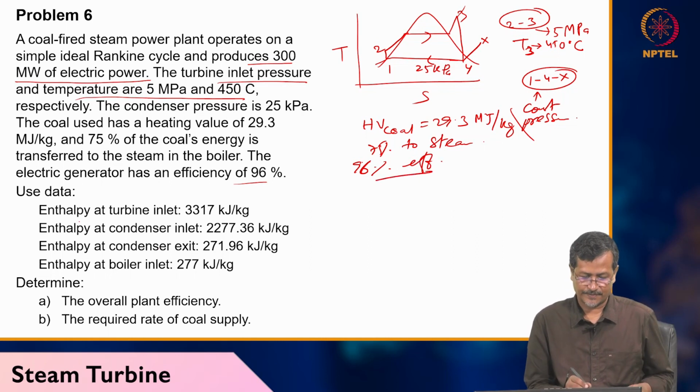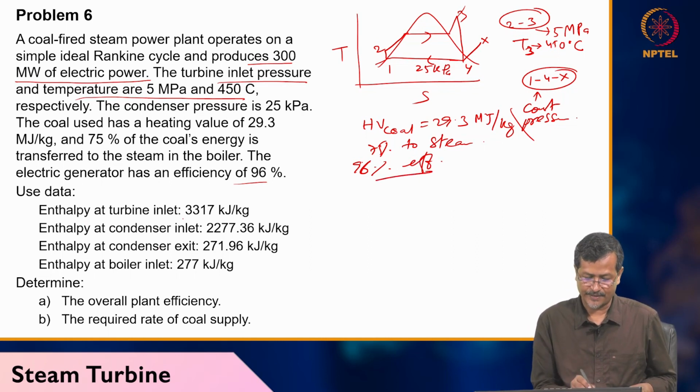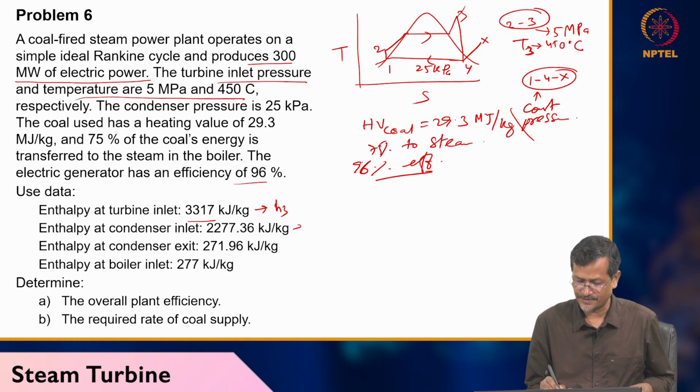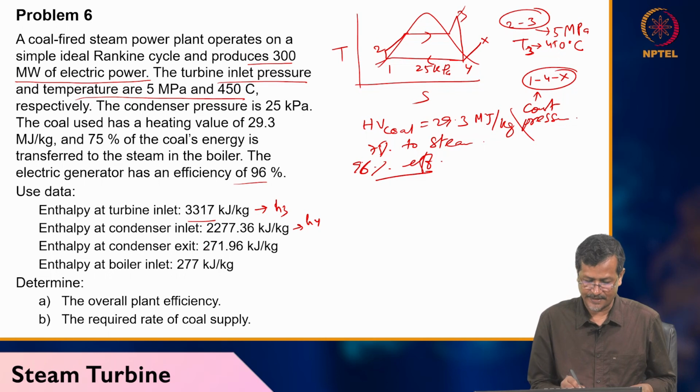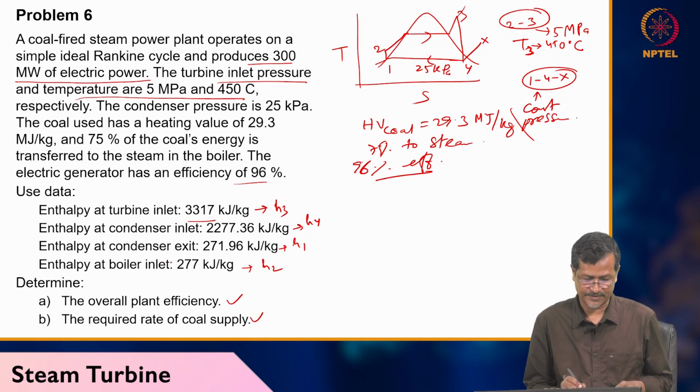Okay, so you have to use the data: enthalpy at turbine inlet, H3 is given; enthalpy at condenser inlet, H4 is given; enthalpy at condenser exit, H1 is given; enthalpy at boiler inlet, H2 is given. Determine overall plant efficiency and required rate of coal supply.